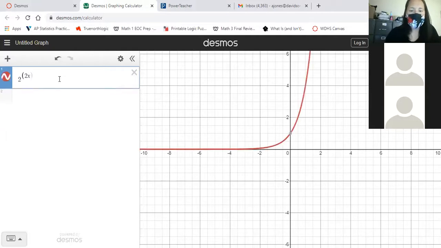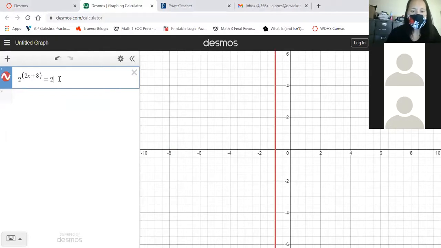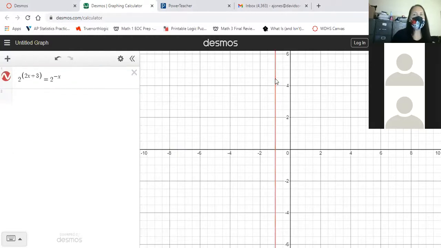Let's do 2x plus 3 equals 2 to the -x. Look at where this line is. Where's this line at? What kind of one? Negative. -1. That's what we got, right?